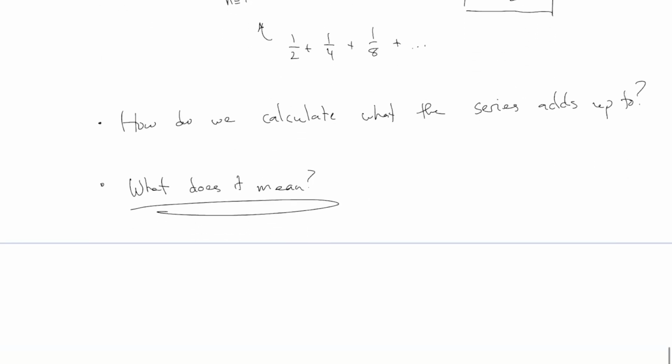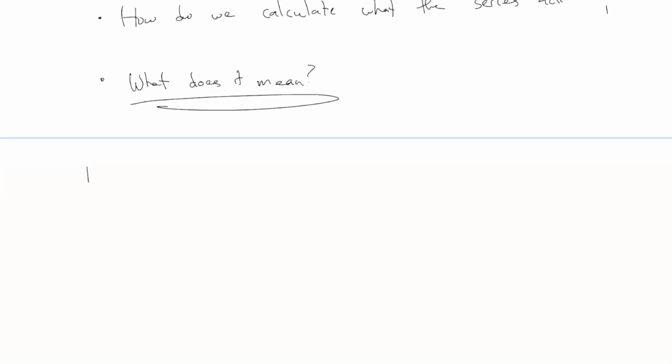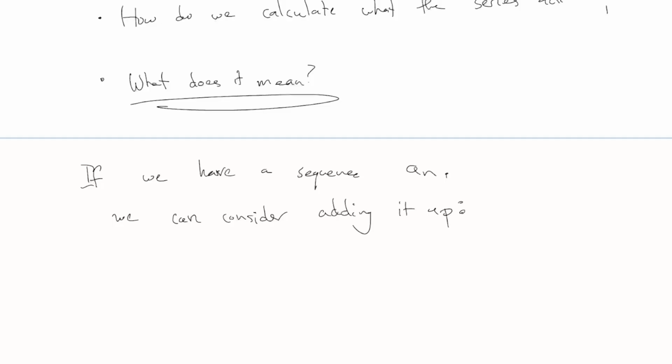So let's talk about what it means first of all. If we have a sequence a_n, we can consider adding together the terms. Now, if you immediately say, I'm just going to add up infinitely many things, then my question, of course, will be, what are you talking about?